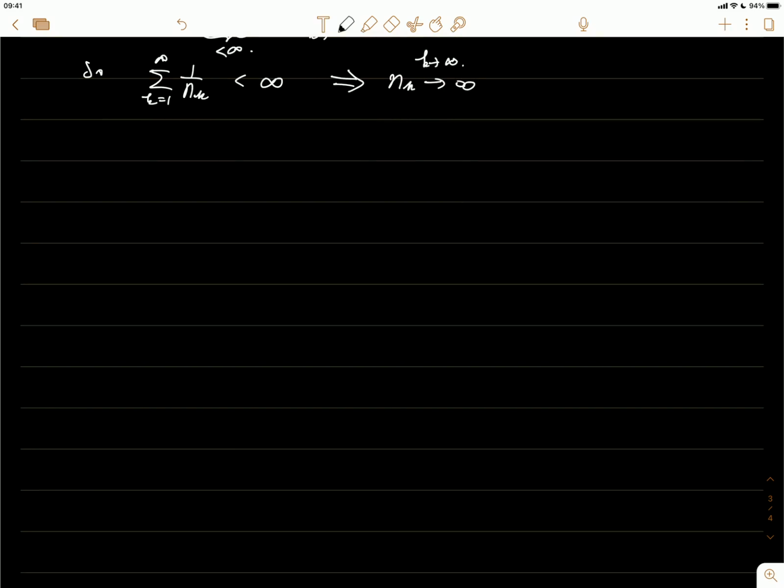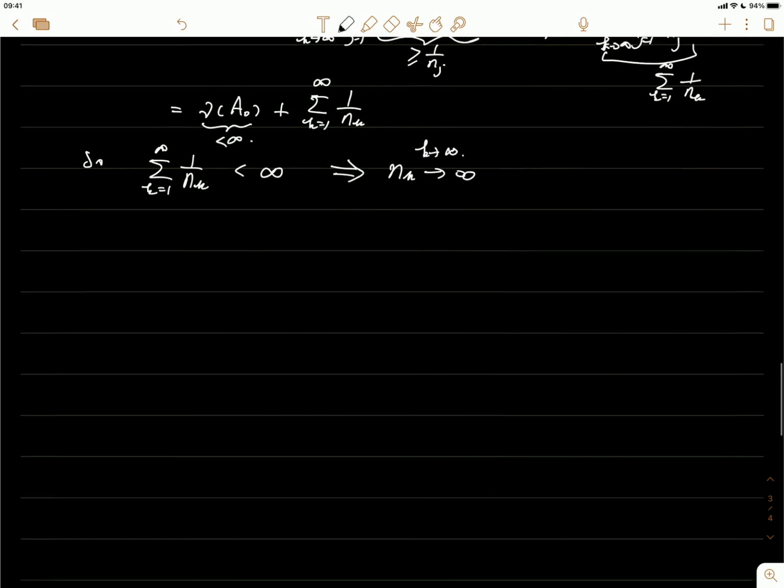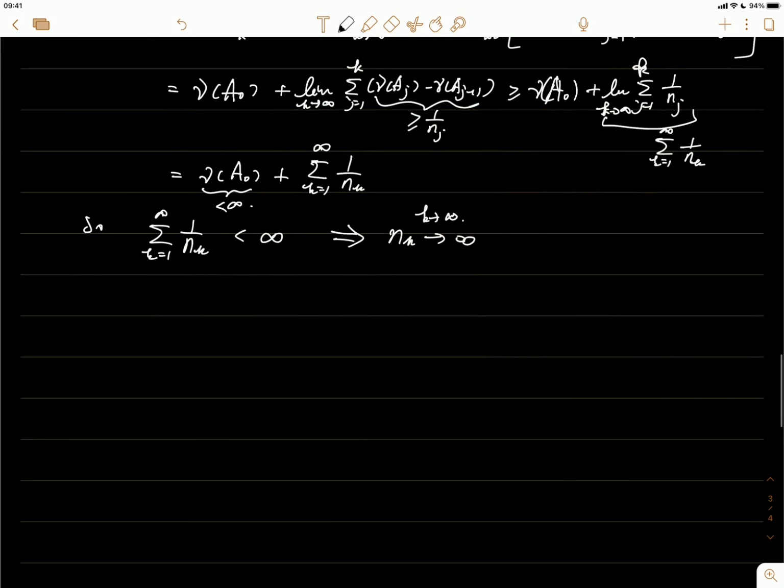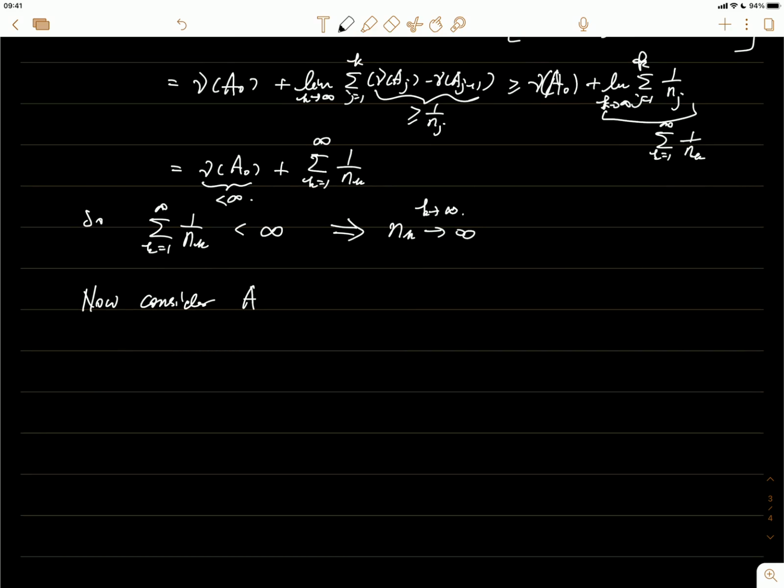we can make the following deduction. We consider the limit set A here. Now consider A. We know that this A has a positive measure, right?